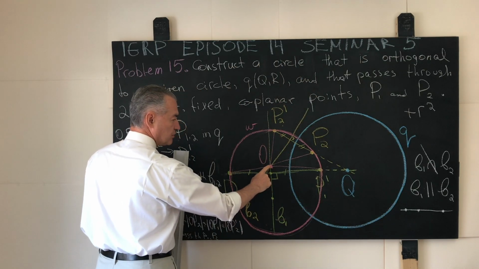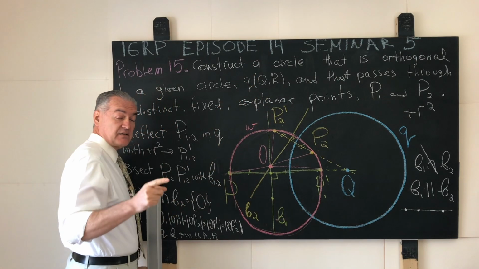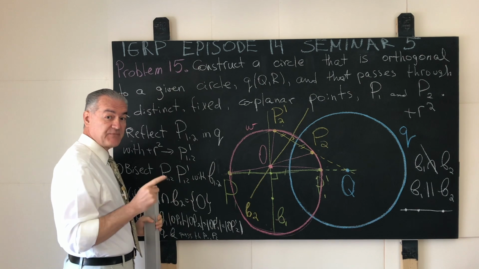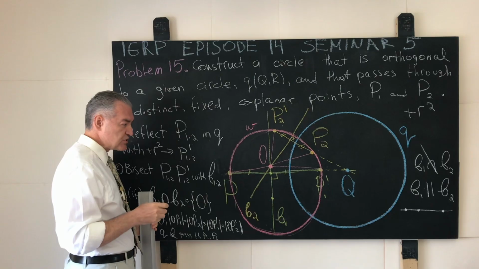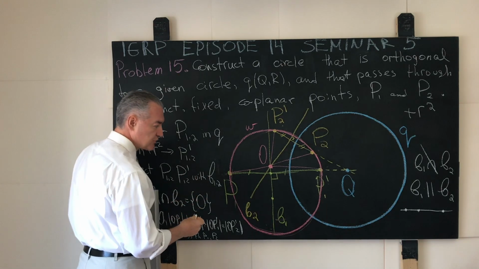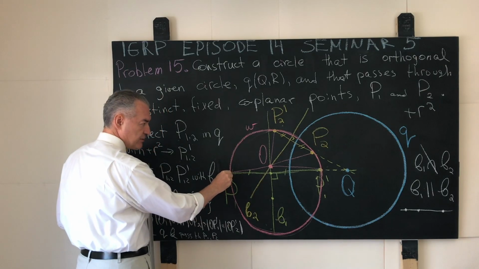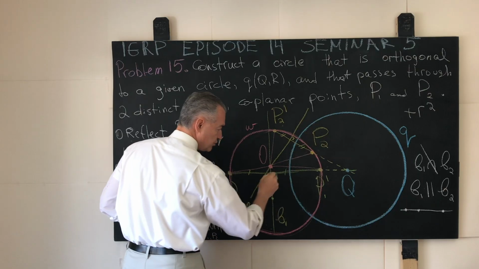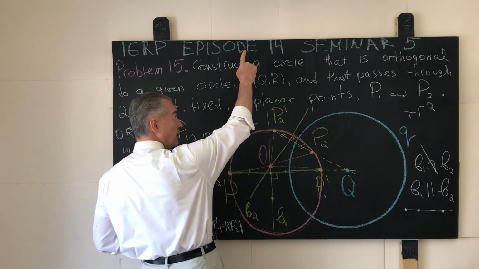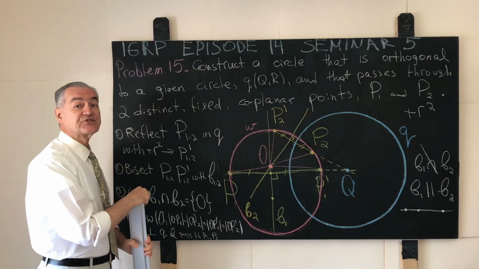The point O, look at this, it will run. It will run where? Exactly, it will run into the point at infinity. And what do we call a circle that passes through, let's say, 3 points, P1, P prime 1, and P2, and has its center at the point at infinity? Well, that circle is called a straight line.